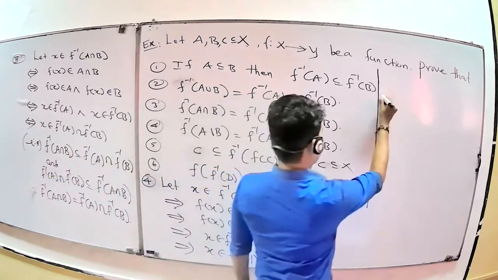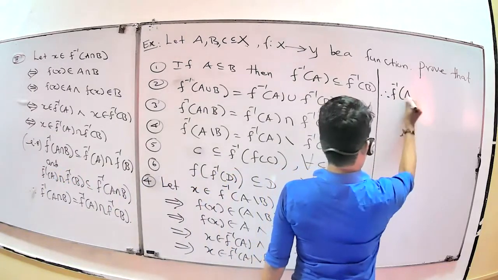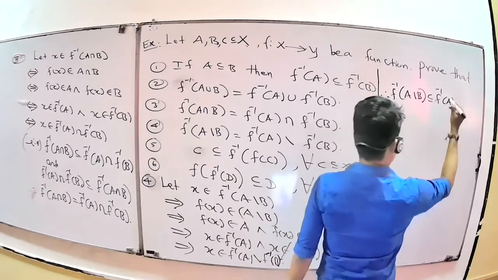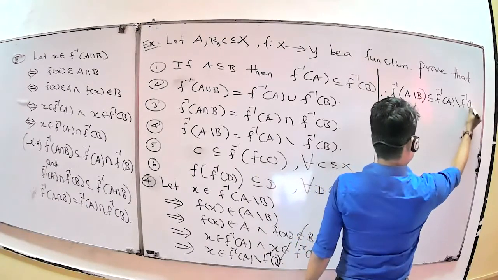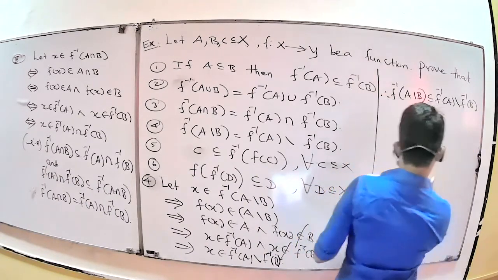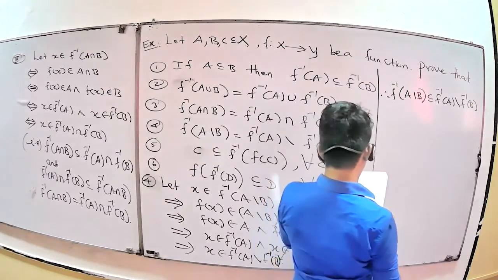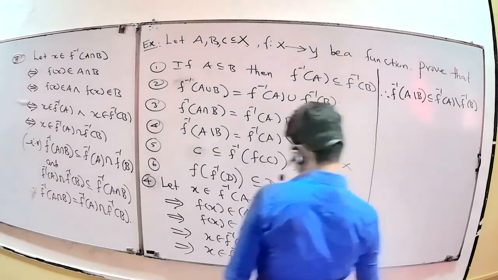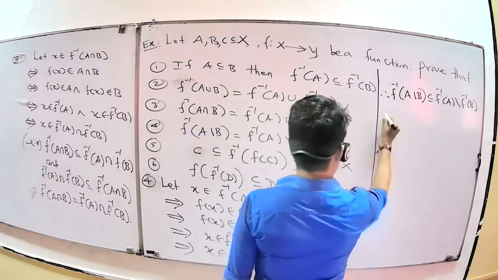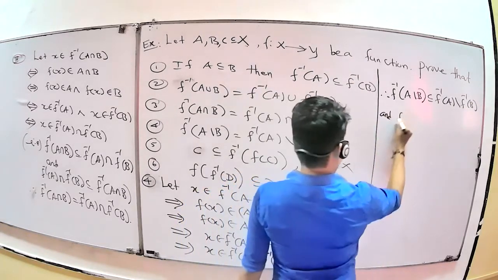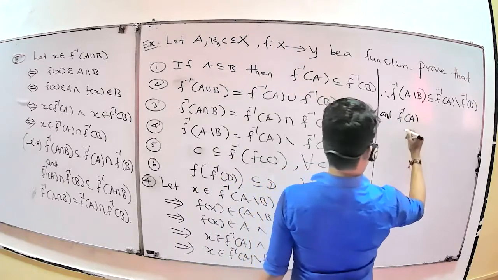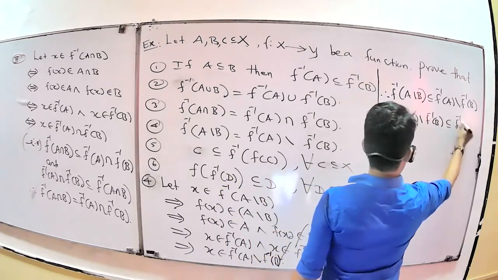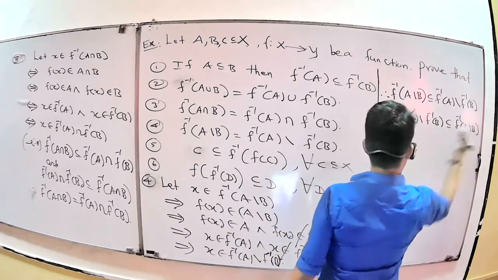Therefore, f inverse of (A minus B) is a subset of f inverse A minus f inverse B. Here the reverse inclusion is also satisfied. Similarly, f inverse A minus f inverse B is a subset of f inverse of (A minus B).